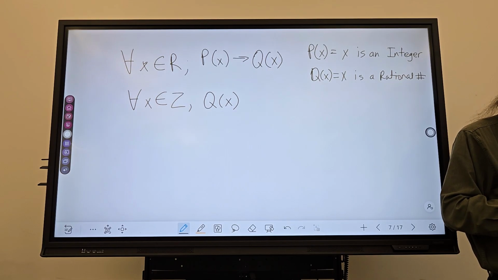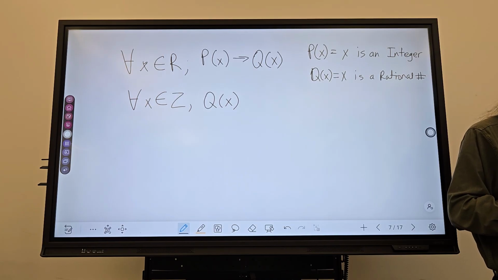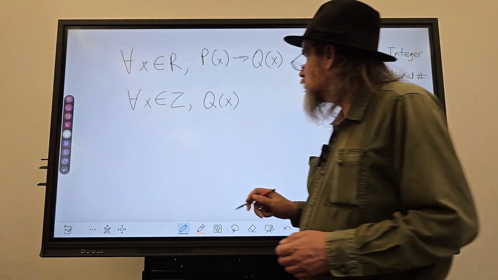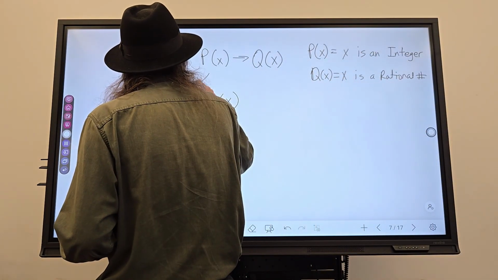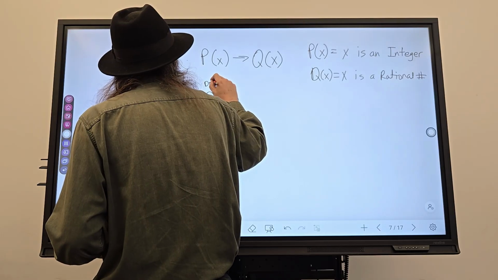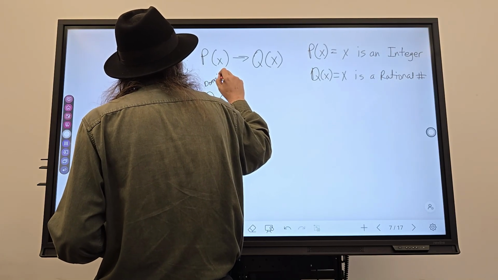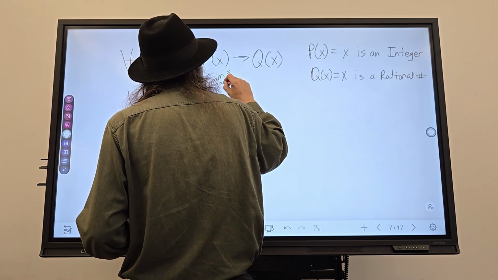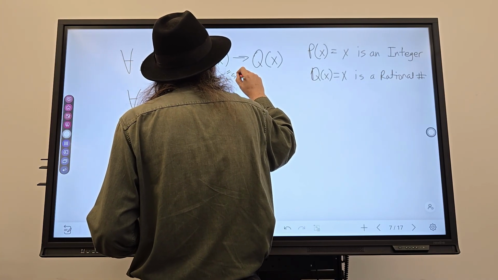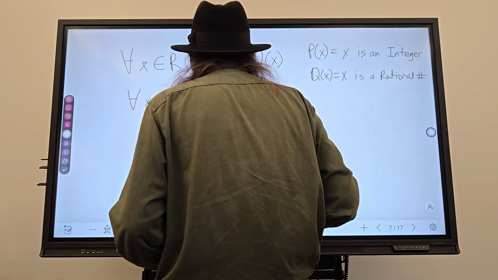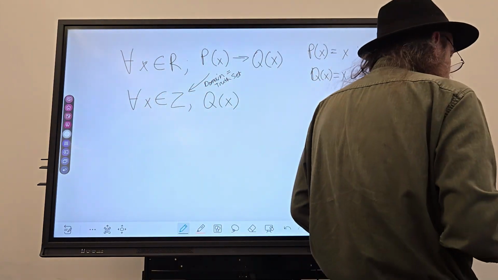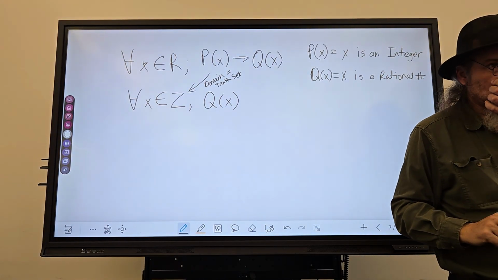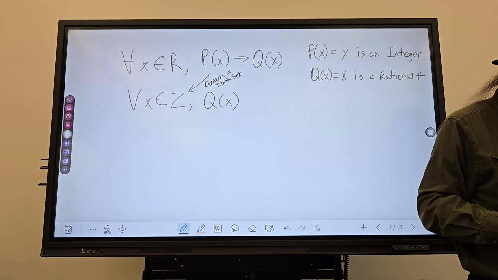That equals the truth set. The truth set of P of x is the domain of the second statement.